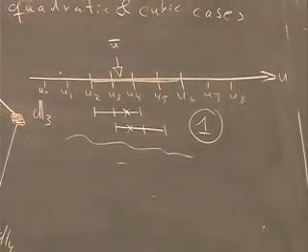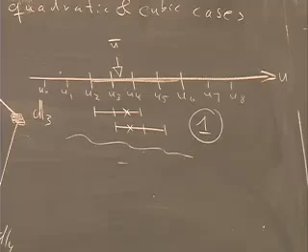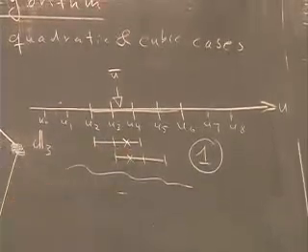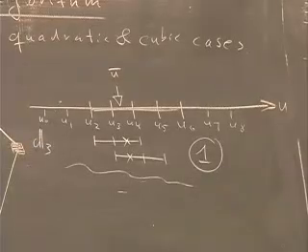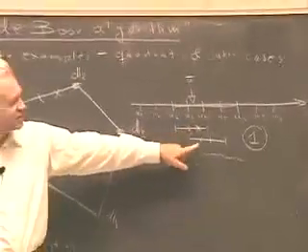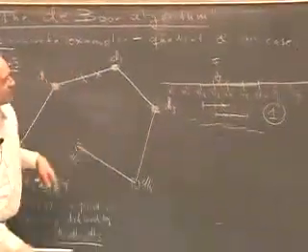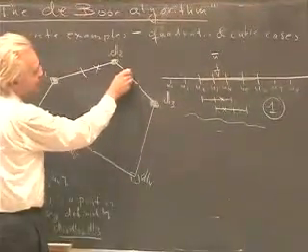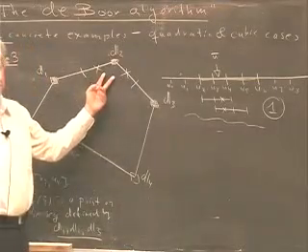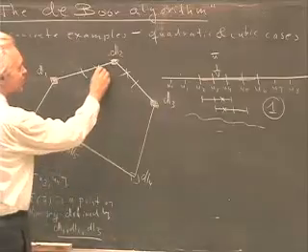I map them onto those two line segments. I map this ratio split and another split onto this line segment. Okay. So this configuration is this, and this configuration gets mapped here. All right. What do I do when I have two new intermediate points? I connect them. I get a new polygon.